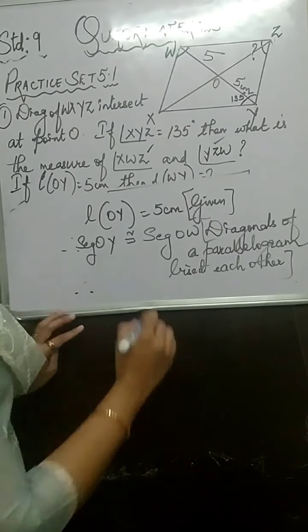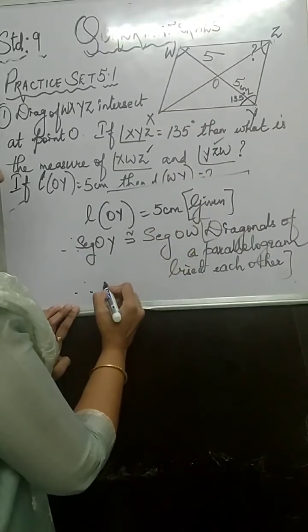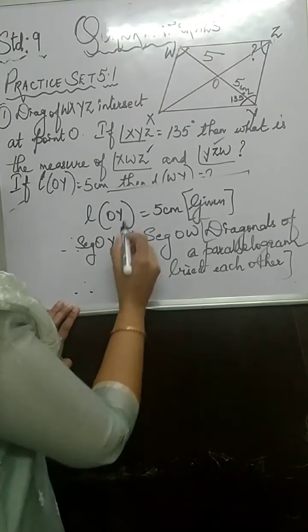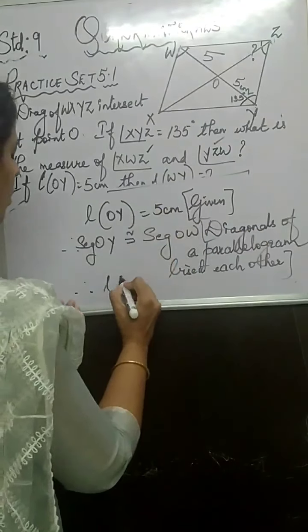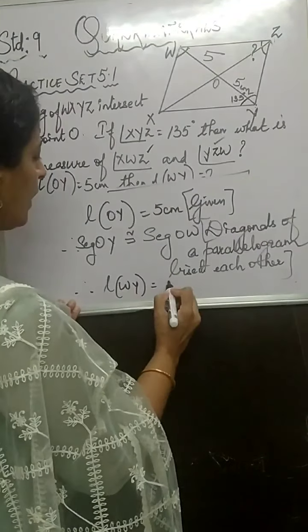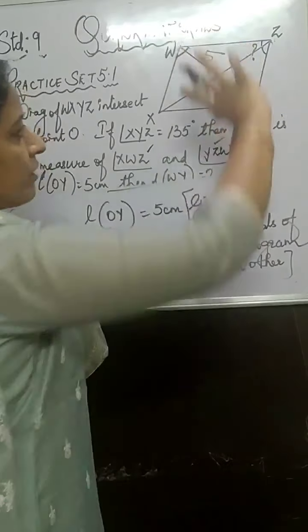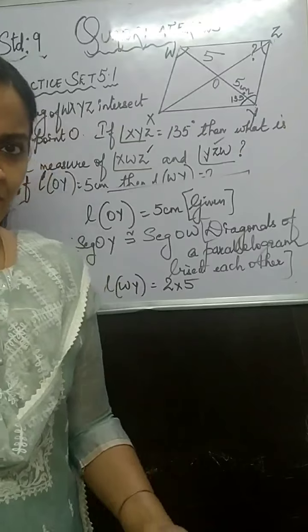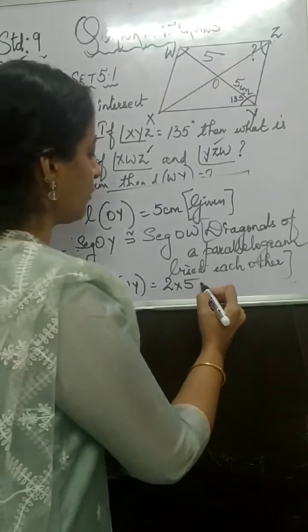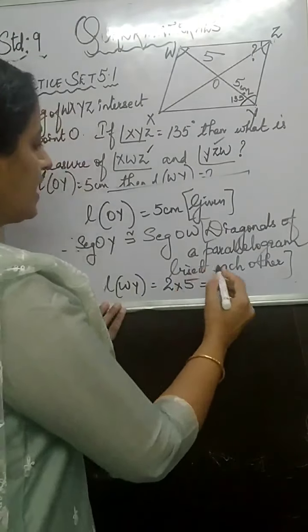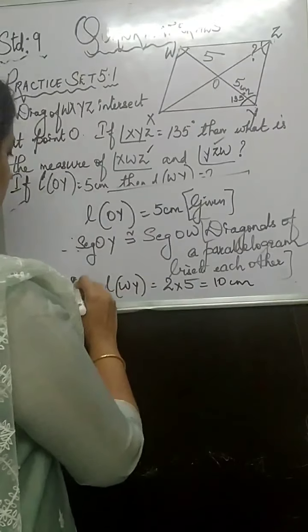So therefore, if OY is 5, let us find out the length of WY, which will be 2 into 5. OY is 5, so WY will be 2 times 5, no? 5 plus 5, 10. That is 2 into 5, which is equal to 10 centimeter.